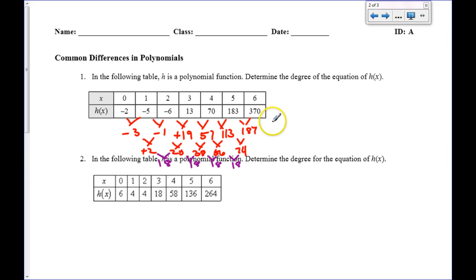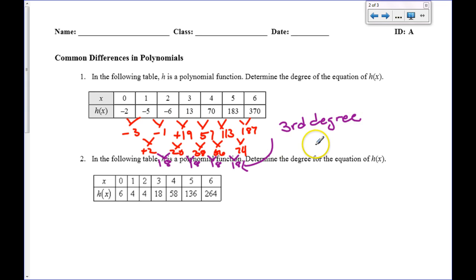And you might give up hope at this point, thinking that there's not a common difference. But if you keep going to the next range, we got 2, 20, 38, 56, 74, and then suddenly we get to a common difference of 18 on the third level. So that means the degree is the third degree.